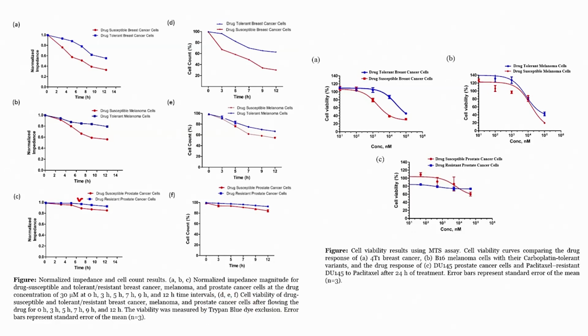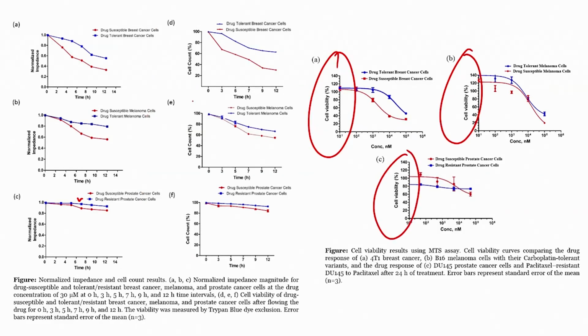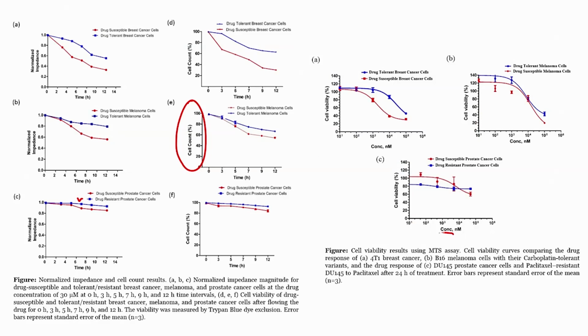Now, after doing this we can also compare our results with a gold standard, which is MTS assay cell viability. Cell viability, you see here, this is cell counting, this is cell viability. So, how can we understand cell viability? Using a technique called the MTS assay.